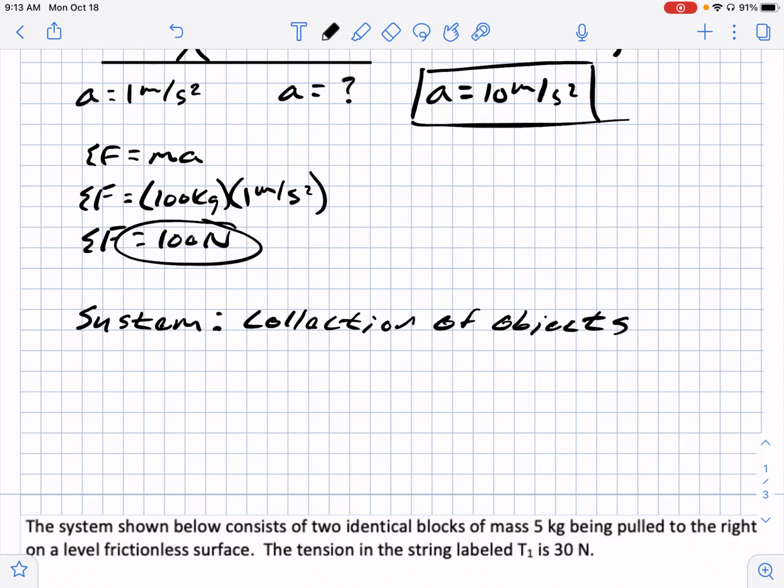And the key here is that we can apply Newton's second law not only to an individual object like we did up here, but we can also apply Newton's second law to a system of objects. Okay, so we're going to apply Newton's second law to a system.